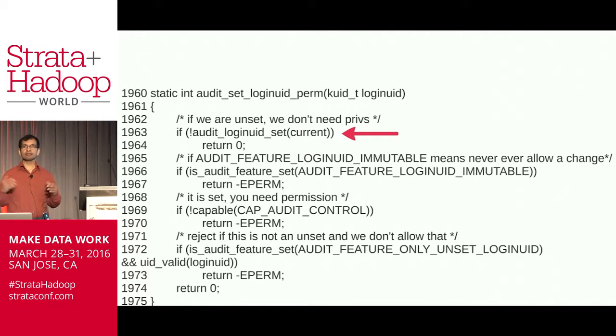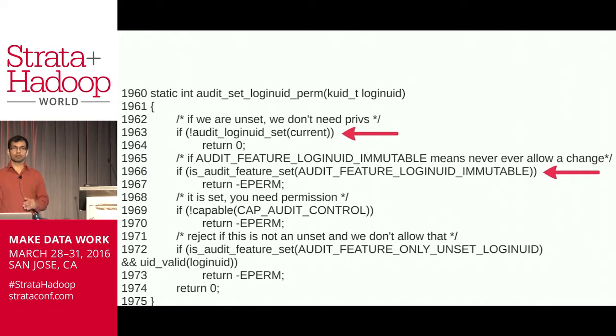You don't have to have any privileges. This is your process, you set the login UID. However, if it's already set, then it first checks, does the kernel overall system-wide give you privilege to override login UID? This was false for us, so that failed.